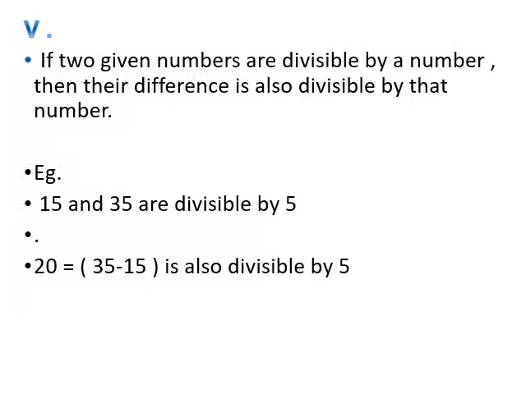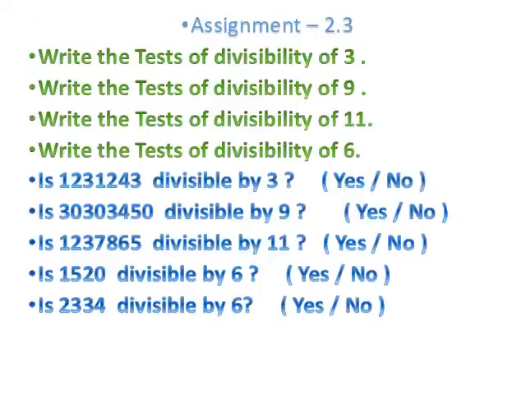Now this is for the difference. If two numbers are divisible by a number, then their difference is also divisible by that number. Here in the example 15 and 35 are divisible by 5. Take their difference, that equals 20. So 20 is also divisible by 5.